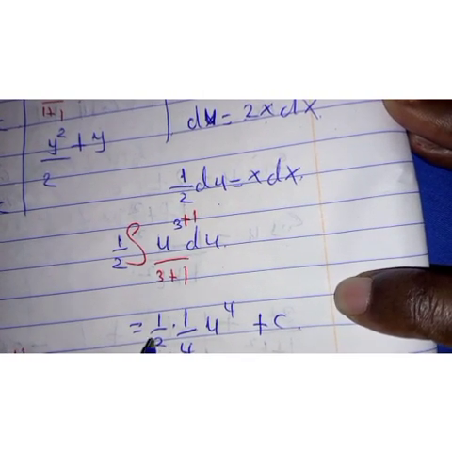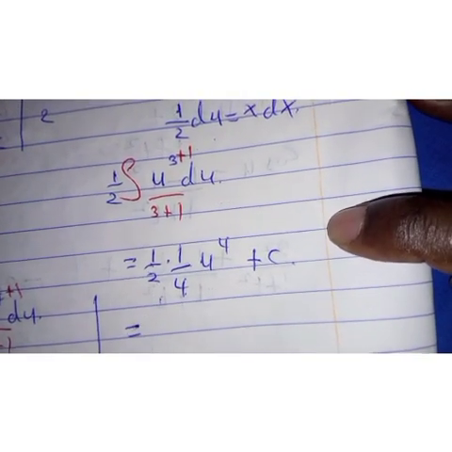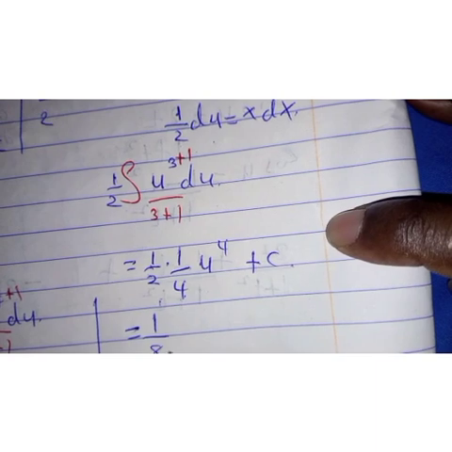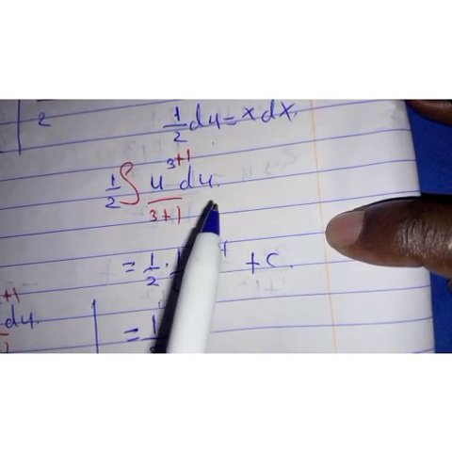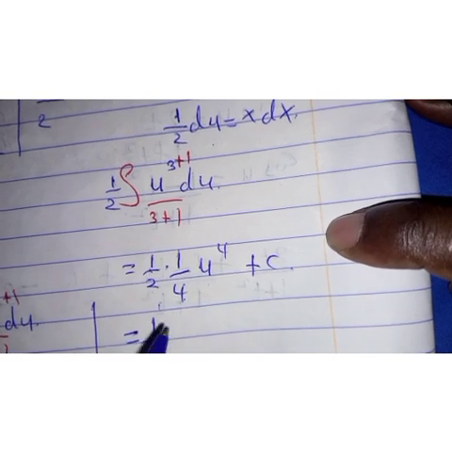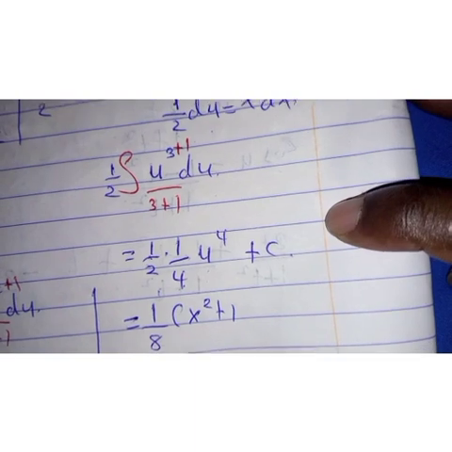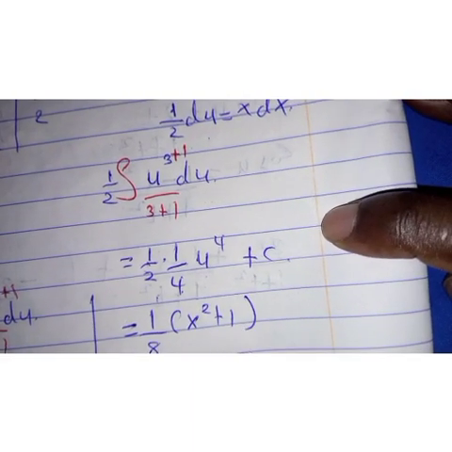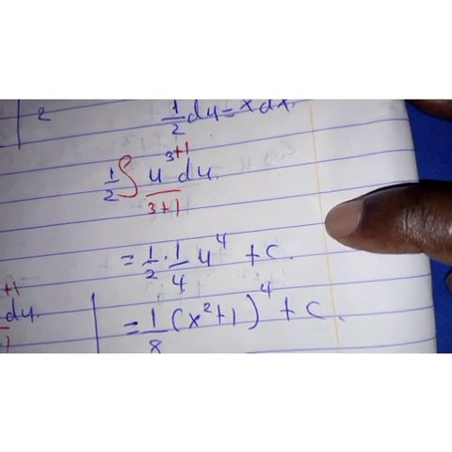This is equal to half times 1 over 4, which will give you 1 over 8. Our u is x squared plus 1. So into bracket x squared plus 1, then power 4 plus constant c.